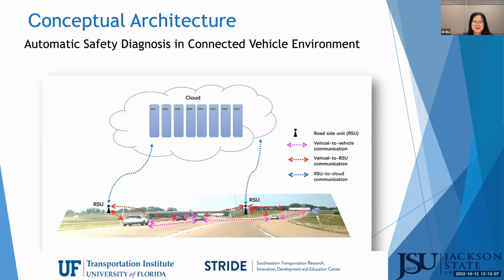Using the historical BSMs, we train the model to generate thresholds to differentiate abnormal and normal driving status. The thresholds will be sent back to the vehicles on the road to identify abnormal driving status in real time, as shown by the blue directional arrows in the picture.